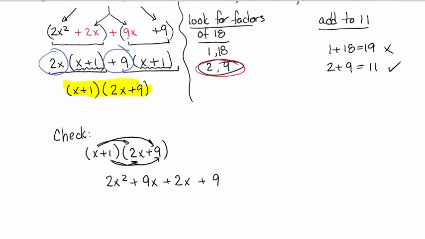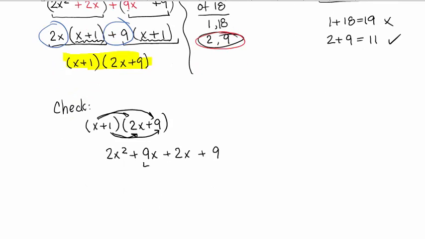And again, I can continue to simplify, right? So I have 2x squared plus 11x plus 9. And that's correct, right? That was my original problem.